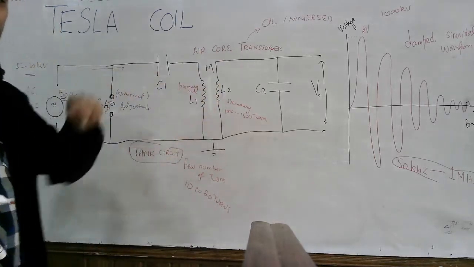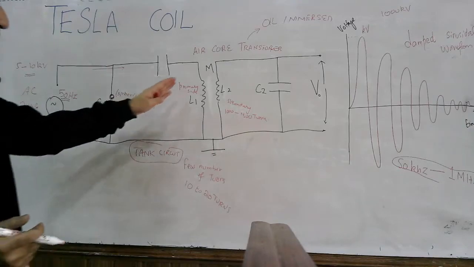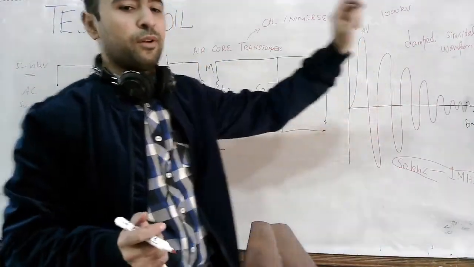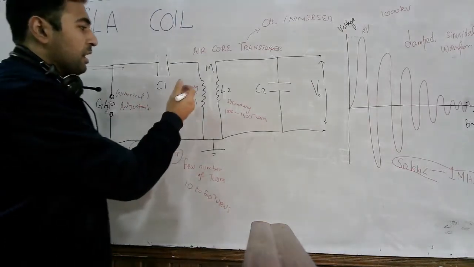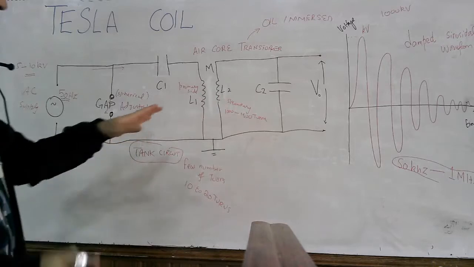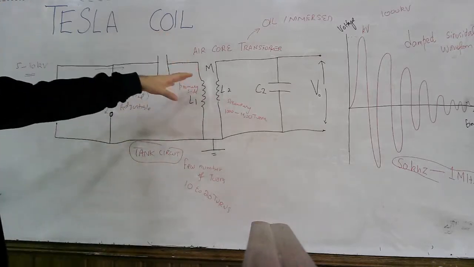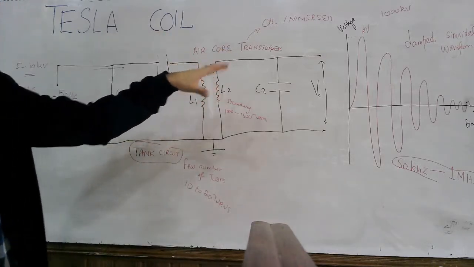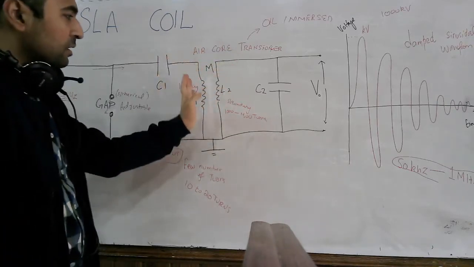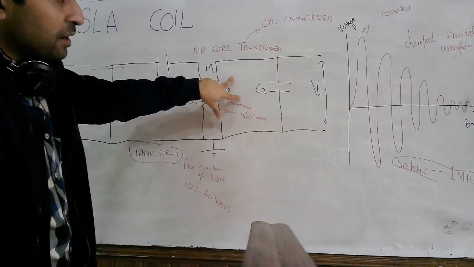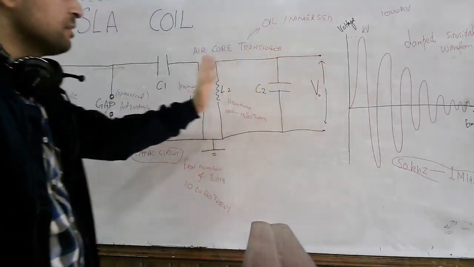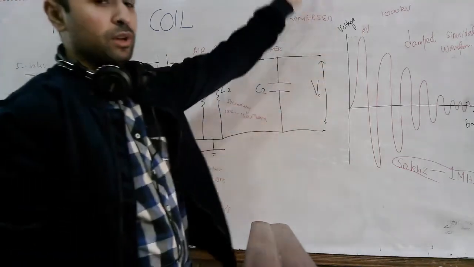The voltage waveform on the primary side is similar, but since there is mutual inductance, and due to high frequency the mutual flux is more, the voltage here is stepped up to a high voltage level.